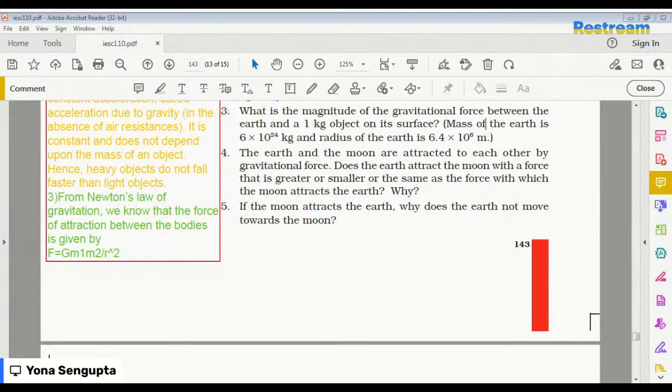Now G is the universal gravitational constant, which is 6.67 into 10 to the power minus 11 Newton meter square per kg square.